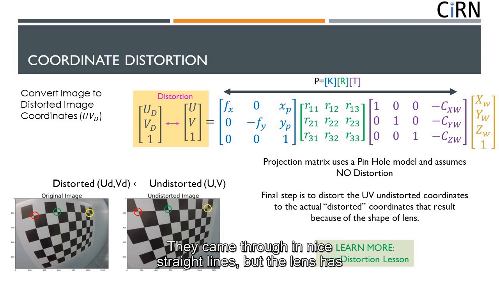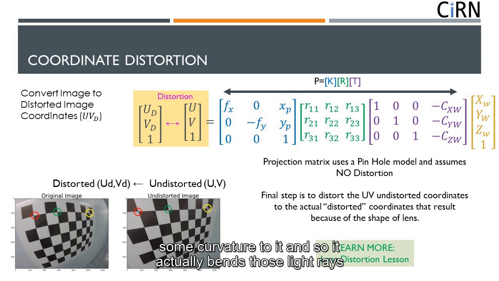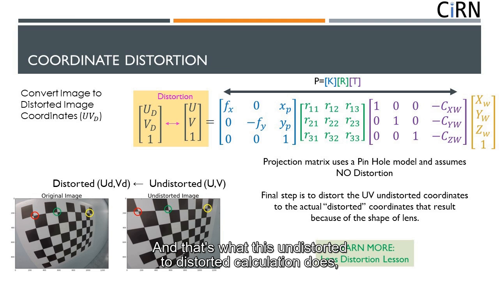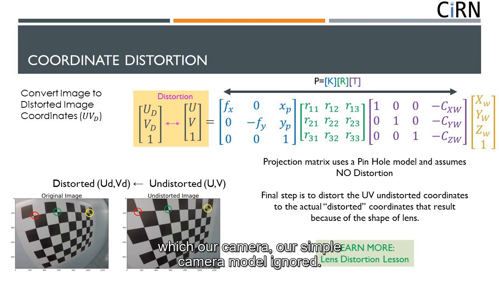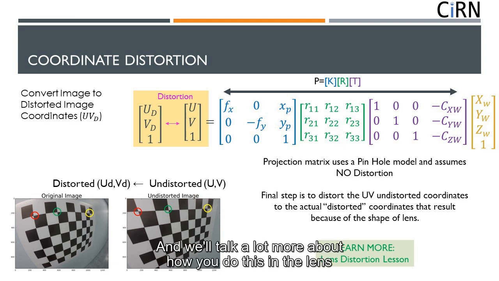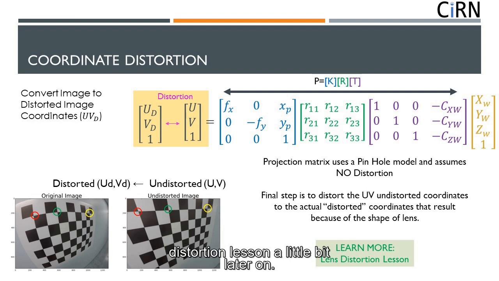But the lens has some curvature to it, and so it actually bends those light rays a little bit. And that's what this undistorted to distorted calculation does, is accounts for the bending of the light rays through a lens, which our simple camera model ignored. And we'll talk a lot more about how you do this in the lens distortion lesson a little bit later on.